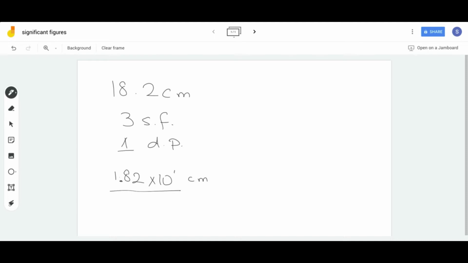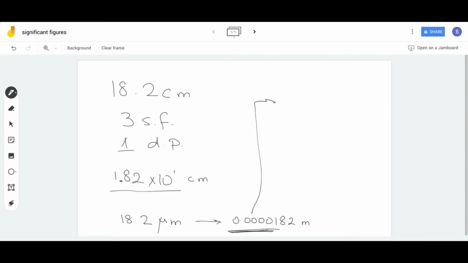So, for example, if I was measuring something on the micro scale, let's say 18.2 micrometers, writing this in meters would mean I would do 0.0000182 meters. Writing all these zeros is quite useless.